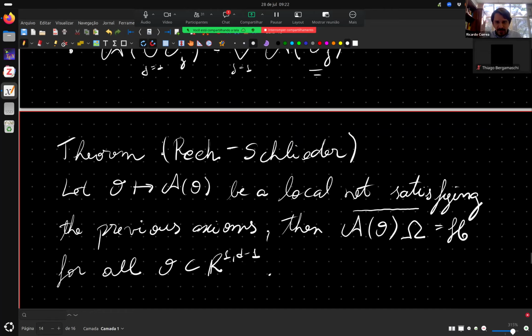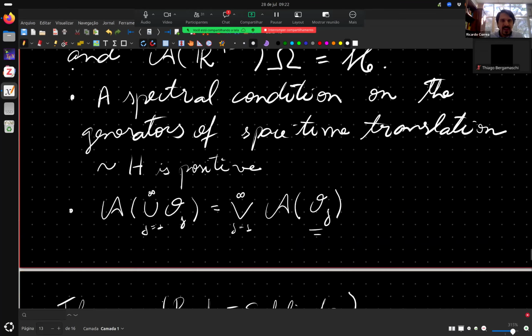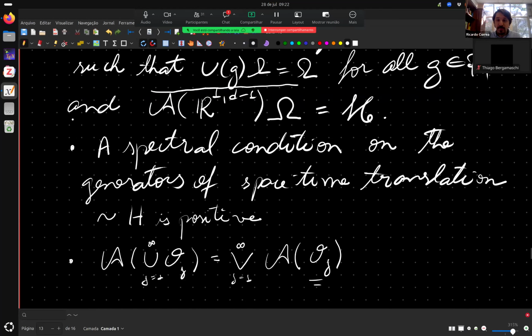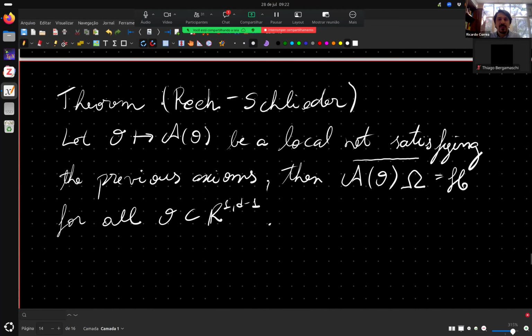So you can say, oh, but you have assumed that some algebra will give you the whole Hilbert space. And that's true, but I have assumed that the algebra for the whole Minkowski space would give my Hilbert space after taking the closure. And here I am assuming that just a bounded region, no matter how small it is.